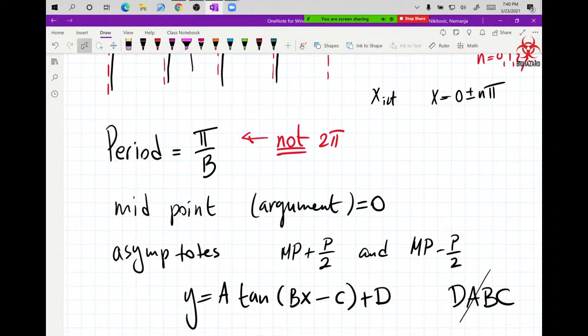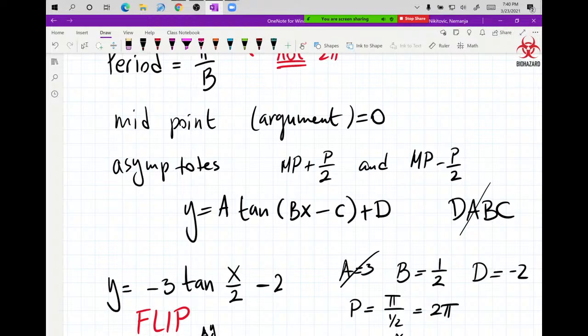So period is pi. For the midpoint, you take the argument equal to 0, and then for the asymptotes, once you calculate your midpoint, you calculate to the left and to the right the asymptote, and you are done. Now, I'm not supposed to cross this A, because amplitude is still important, obviously, but it's not humanly possible to do a great job graphing it.